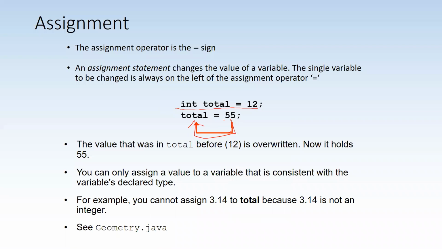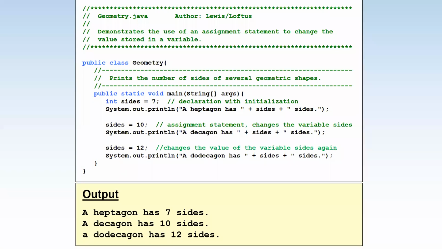It doesn't mean total equals 55. It means the total memory location has the value of 55. It doesn't mean they are the same. They are not the same. That's why it's called the assignment operator. It puts this value in that memory location. That's what assignment is.